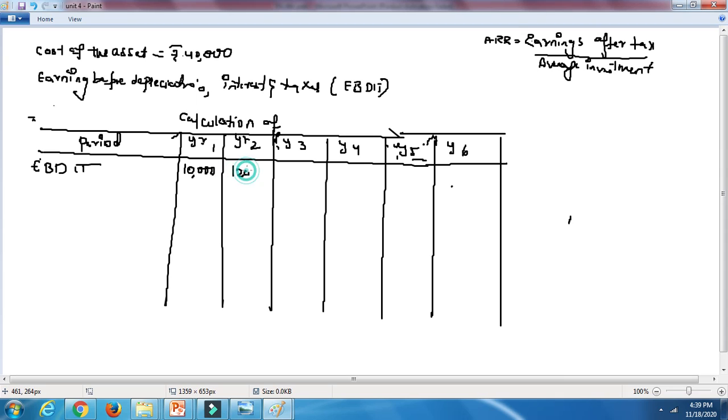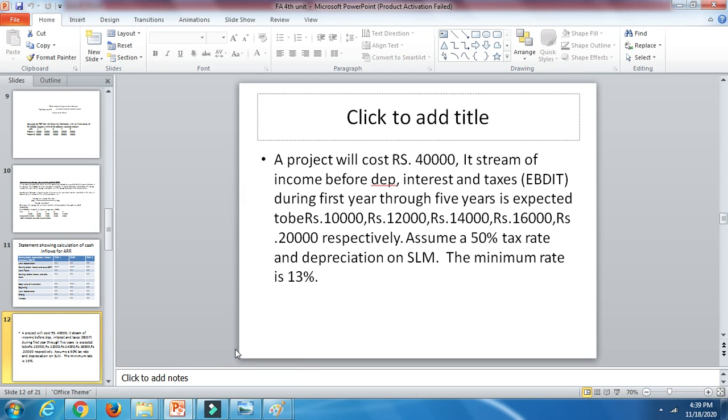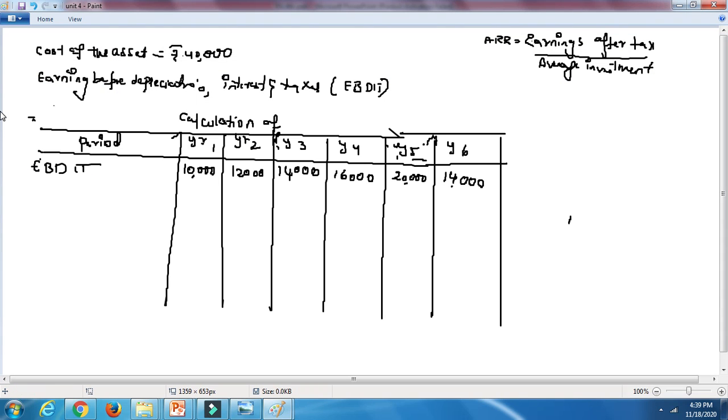Second year 12,000, third year 14,000, fourth year 16,000, fifth year 20,000. If you check this question, this is the information we have taken: 1, 2, 3, 4, 5. So for 5 years information has been given.